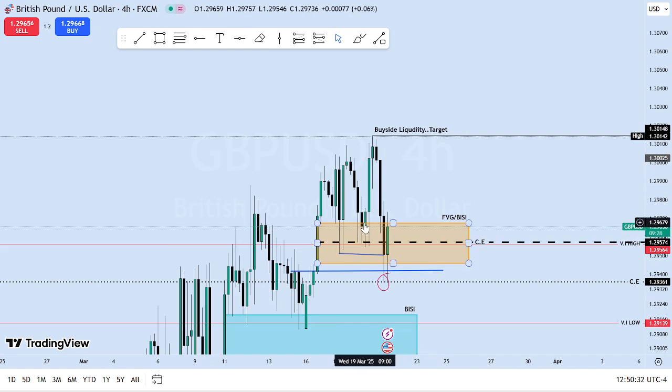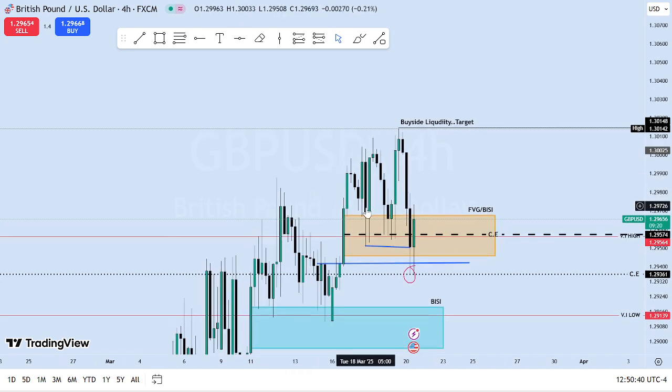That's Wednesday. Look below my screen, that's the Wednesday low. This candle over here, Tuesday low. Price took out Tuesday low. Wednesday took out Tuesday high, then went to Tuesday low.